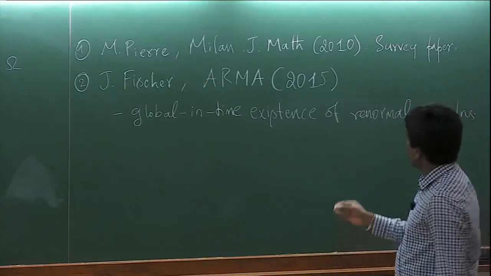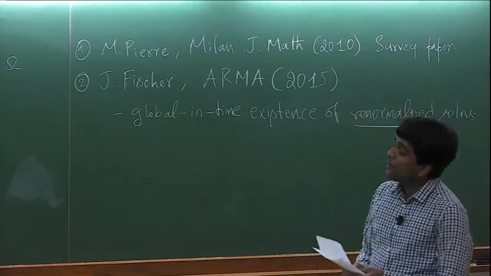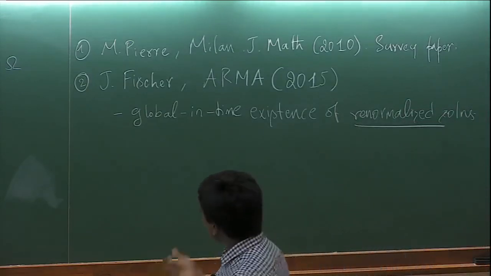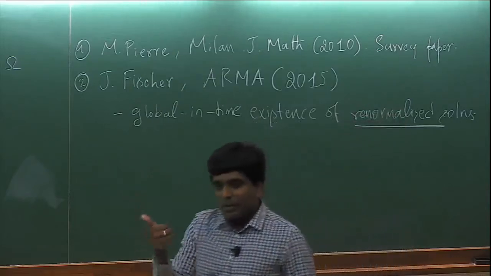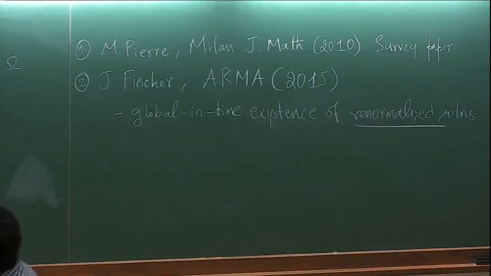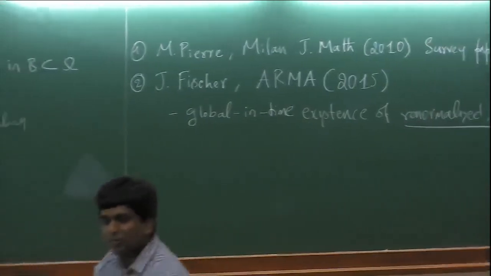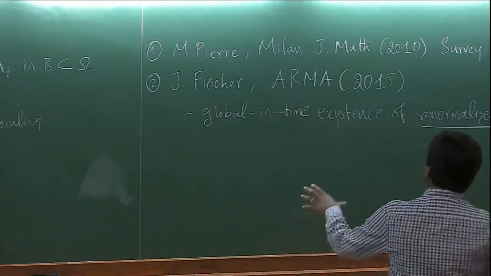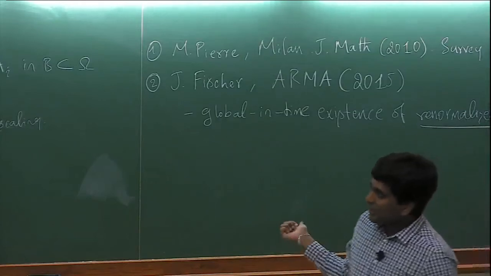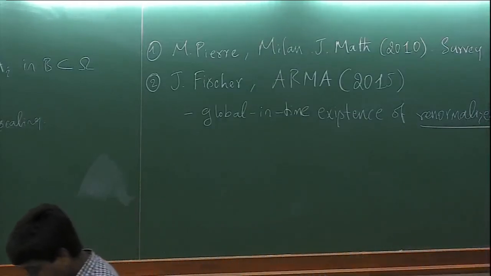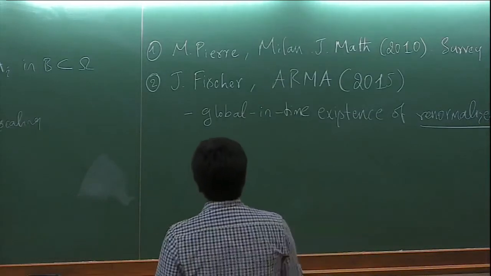So, showing global in time existence and uniqueness of partial parabolic problems with these reaction rates is a big open problem. It's not addressed because he just proves existence of renormalized solutions which are global in time for these rate functions. And there is no uniqueness in general.